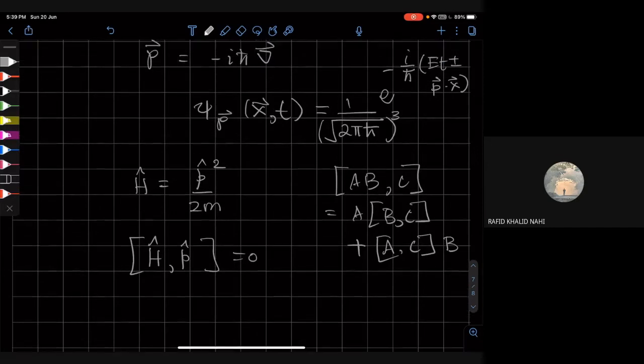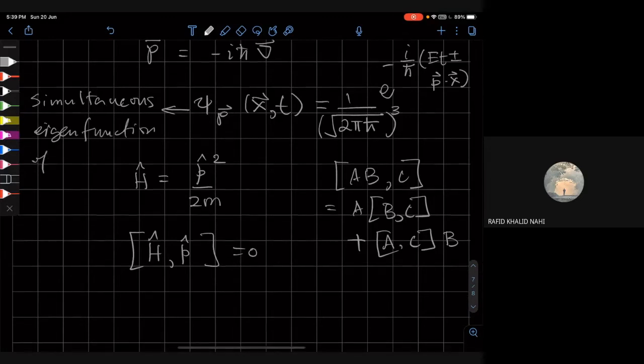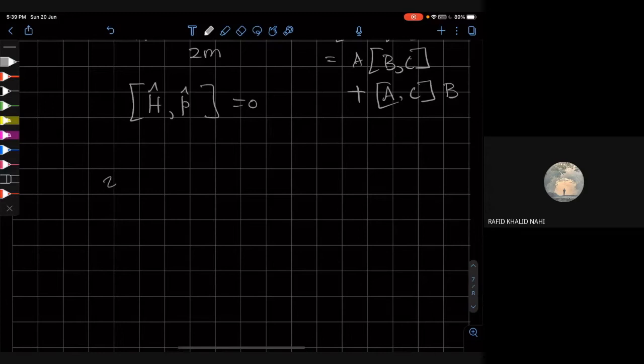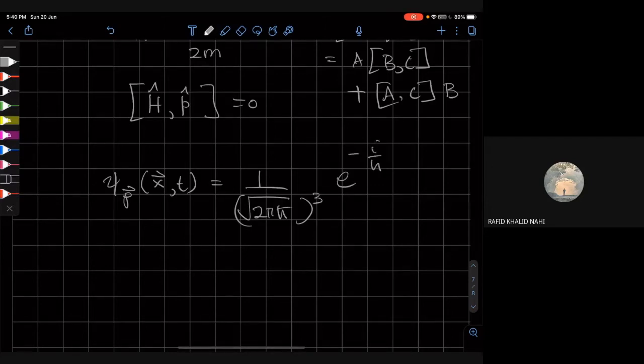That means that this is a simultaneous eigenstate or eigenfunction of H and P. So it's P eigenvalue, psi of p, x and t, is 1 over square root of 2 pi h bar cubed, e to the power, say, minus i by h bar, Et plus minus, say, p dot x.